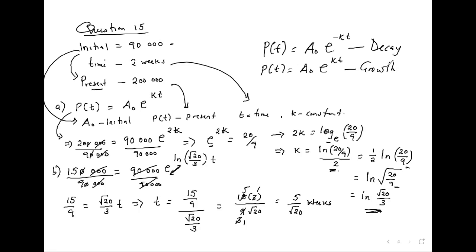So that one, question 16. We initially have, so again we are talking of initial, 2 kgs of radioactive element.